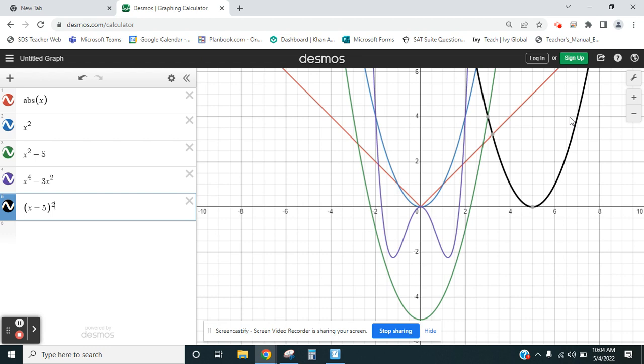Now, looking at that parabola, it's the same shape as the blue graph on your screen, right? X squared. It's the same shape. But this one cannot be counted as even.